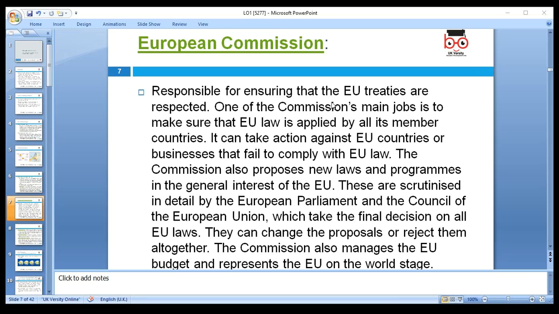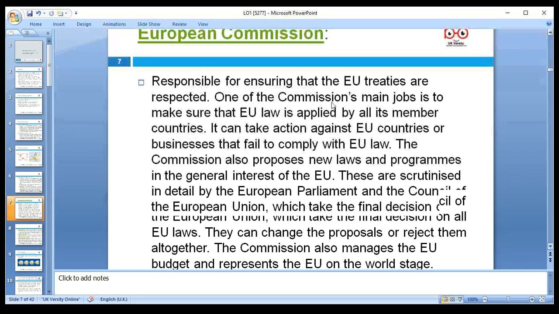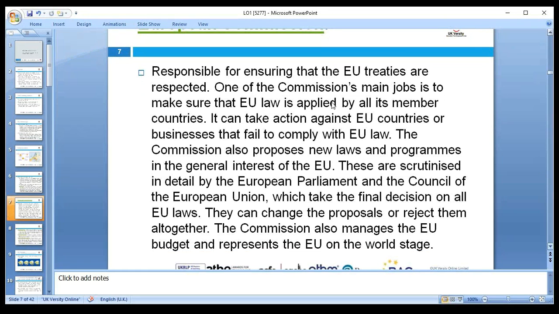One of the Commission's main jobs is to make sure EU laws are applied by all member states, like the UK, Holland, Sweden, Denmark. It can take action against an EU country or businesses that fail to comply with EU law.